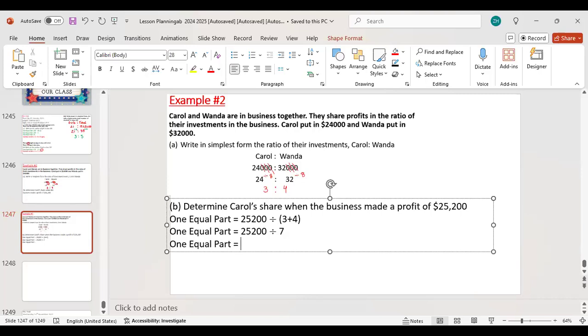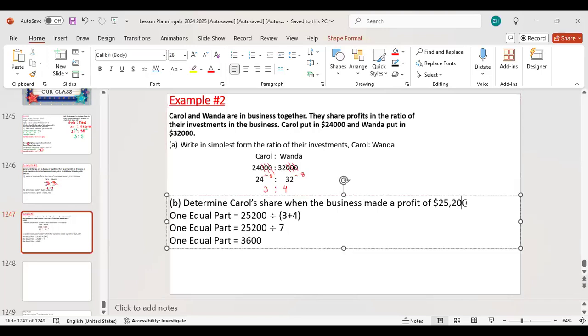Did anyone else get that when you divided 25,200 by 7? Yes, sir. 3,600. That's one equal part.